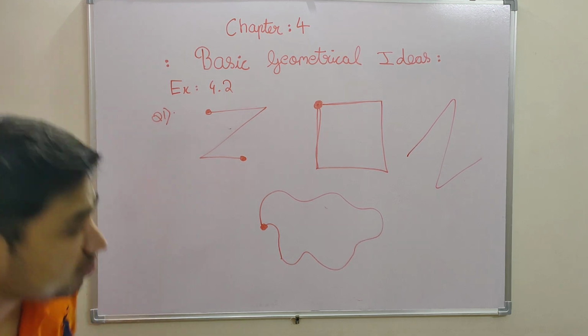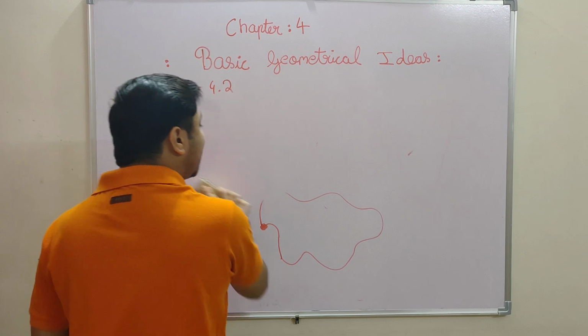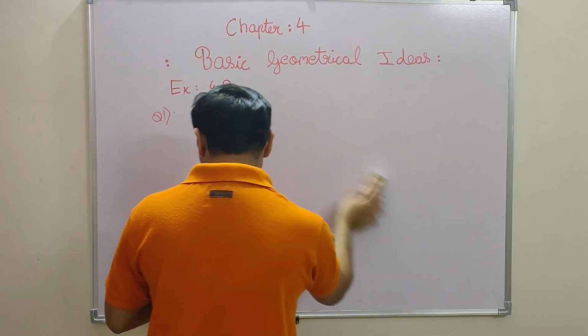When the first point is connected again with the last point, it is called a closed figure. If the first and last points are not connected, it is an open figure. So question 1 asks which are open and which are closed figures.